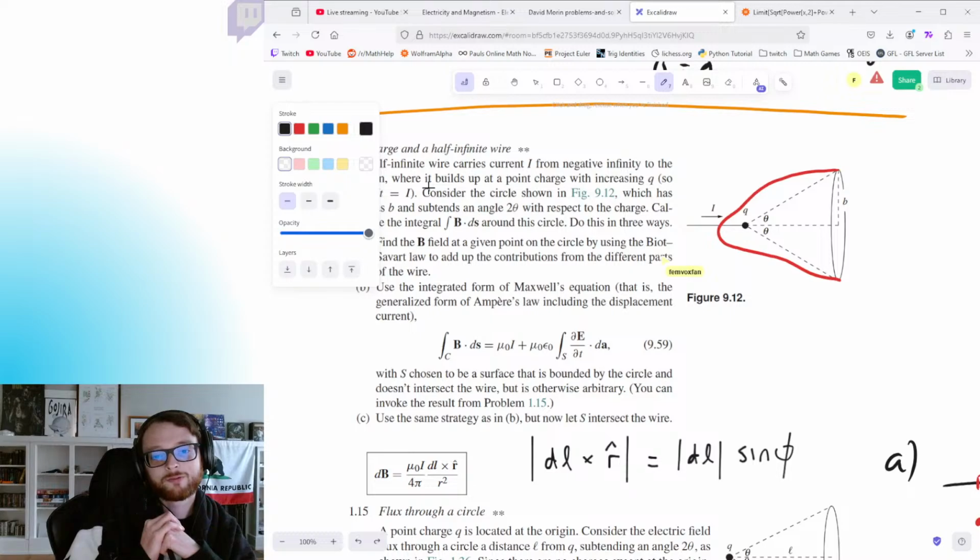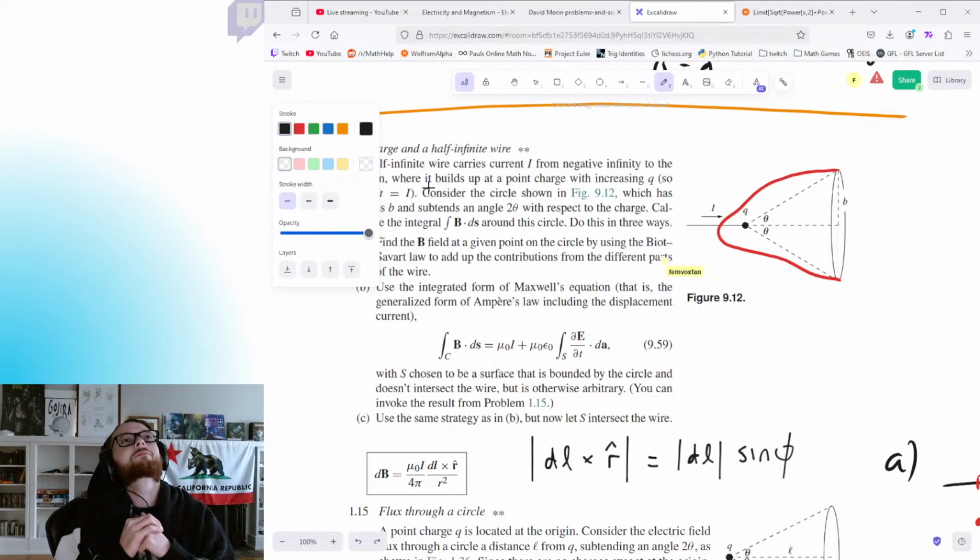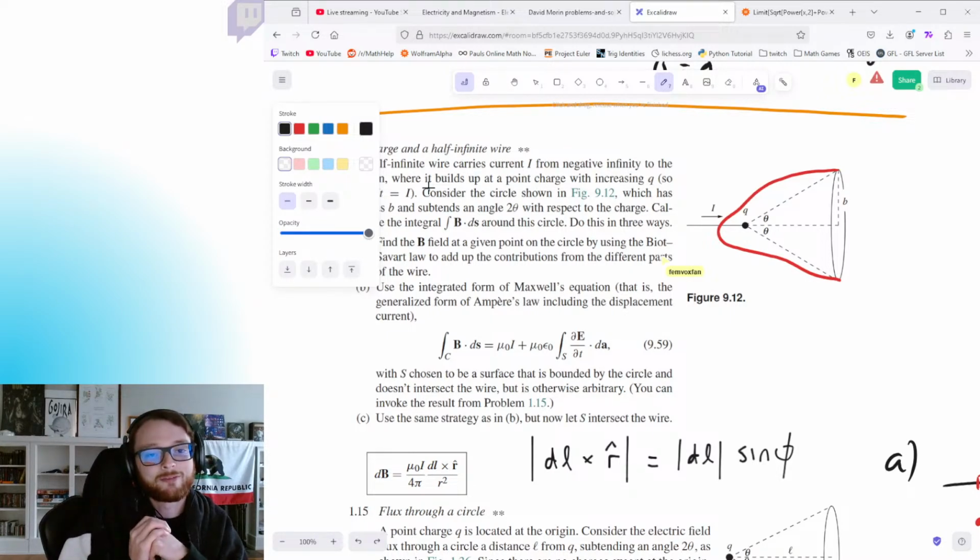Oh, maybe it does. It shouldn't change. Maybe it should change. No, it shouldn't. We're given it's the same thing in all 3 ways. So it shouldn't matter for some reason what surface we draw.